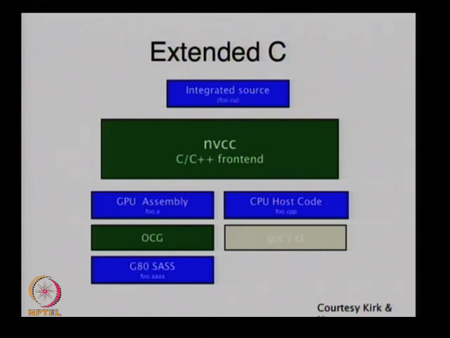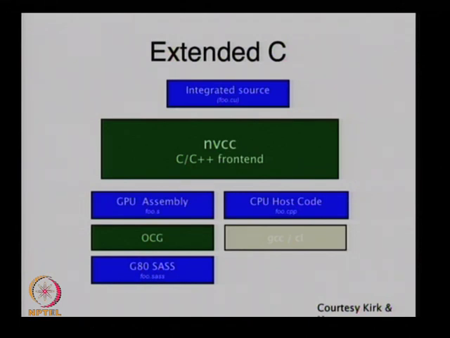So PTX code is a generic, architecture independent assembly language thing. And at the end there is this SASS compiler which is going to take the PTX code and generate the machine code for the given architecture that you are running on at the moment.